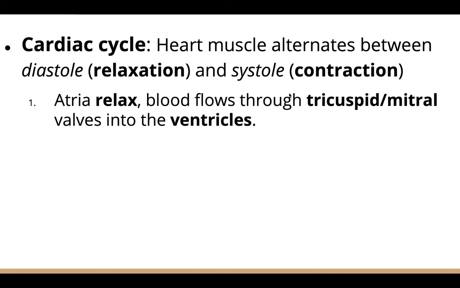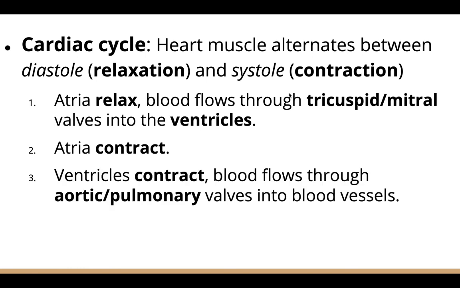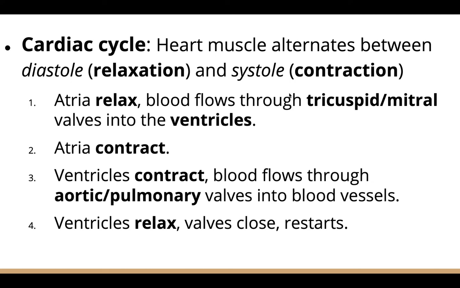As the atria relax, blood is going to flow through them, and through our valves, our tricuspid and mitral valves, into our ventricles. Then the atria are going to contract, and that's going to push any blood that's in the atria into our ventricles. Afterwards, our ventricles contract. They push that blood out of the heart through our valves into our aorta and our pulmonary arteries, so the aortic and pulmonary valves. And then once they have contracted, they will then relax.